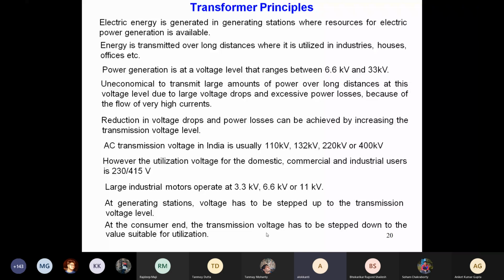It can be domestic consumers or industrial consumers. So for stepping up and stepping down, what you basically need is the transformer, which is a must in any AC based electrical system. For this reason it has to be studied in detail in this course.